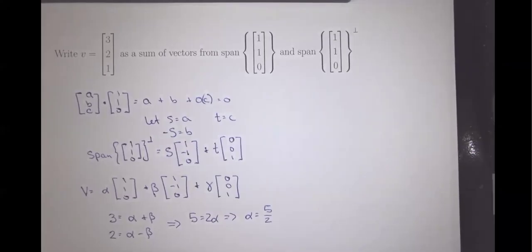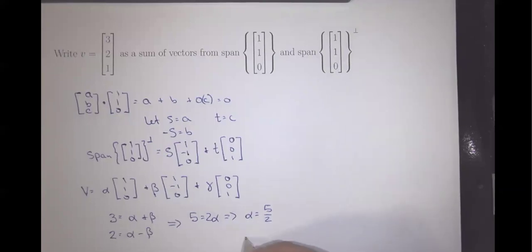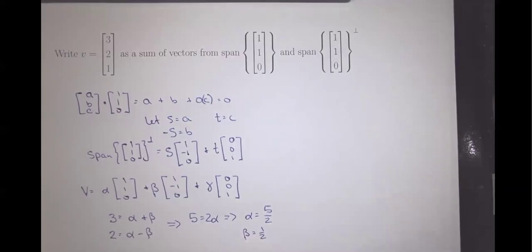And if we have alpha equals 5 halves, 5 halves plus another 1 half is equal to 3. So beta equals 1 half. Okay, so alpha equals 5 halves, beta equals 1 half. And as we discussed earlier, gamma has to equal 1.